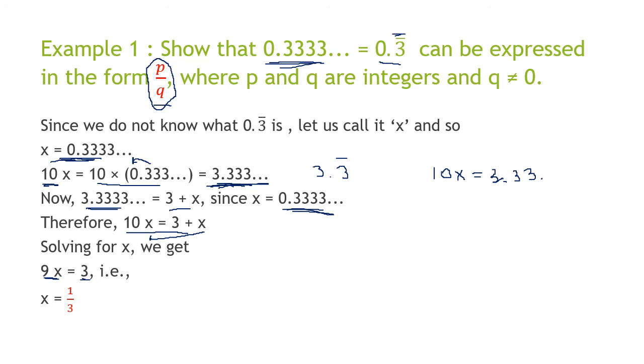Yes, very sorry that I am slow in writing, but you will understand. Here the 3 keeps on repeating. And what is x equal to? x is equal to 0.333 and onwards, right?